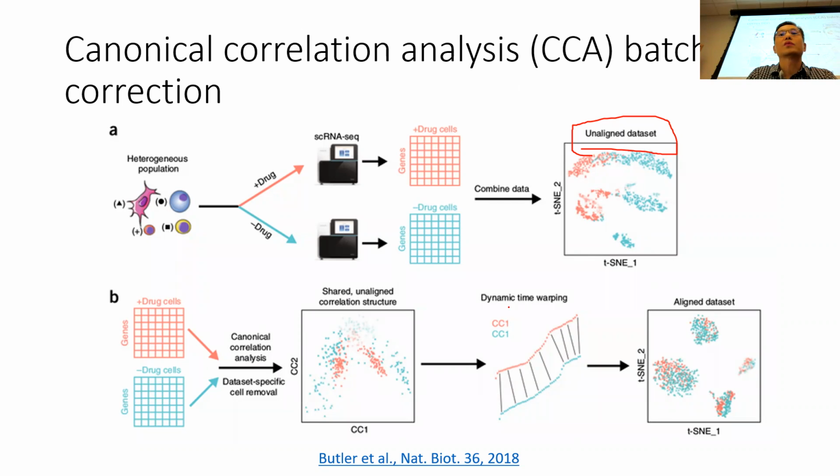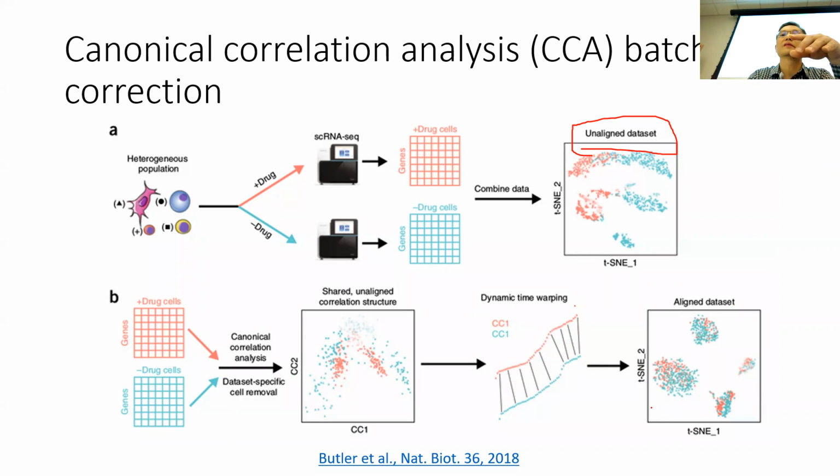Then you use so-called dynamic time warping to correct for the different scale problem, because you see the projection of one cell type looks shrunk into a narrow space, while the other looks more spread out. You can use this technique to realign them.